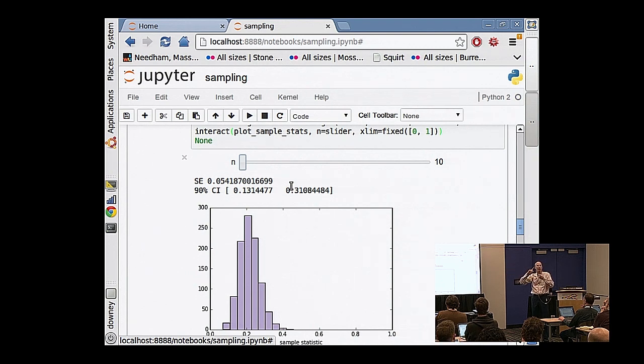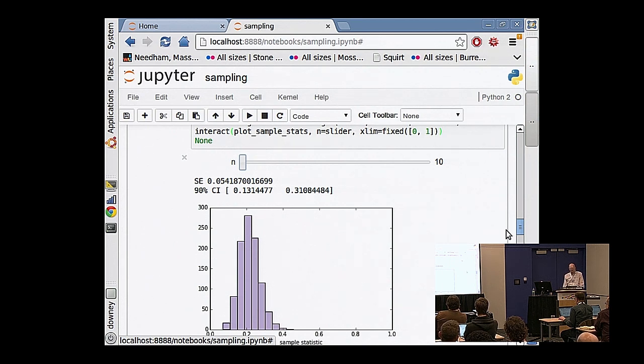And for percentiles, and for things like coefficient of variation, which is the ratio of two statistics, those turn out to be very hard to do analytically and turn out to be really easy to do computationally. If you want to swap in a different sample statistic, all you have to do is change the definition of that function and run a few simulations, and you are done. So we just kind of wiped out a good chunk of 20th century statistics by running a loop.